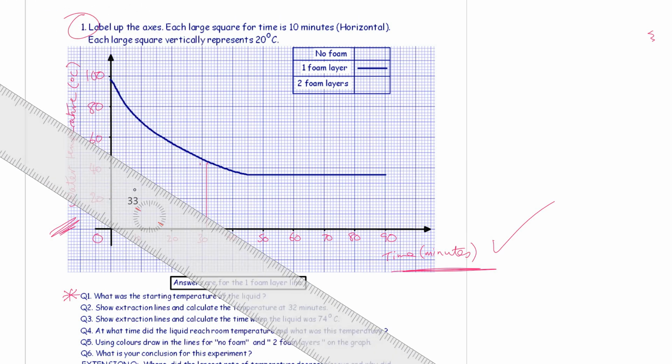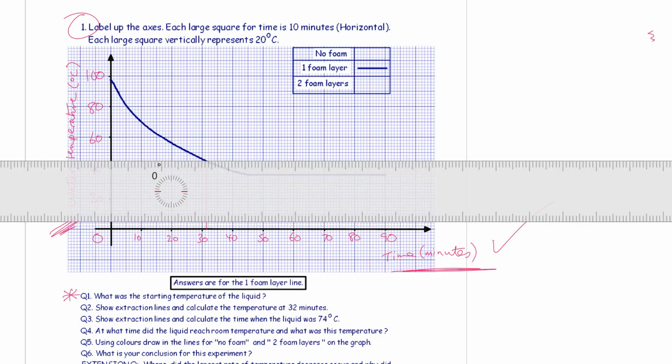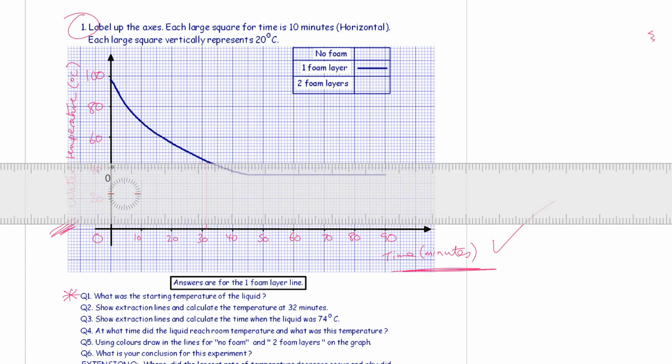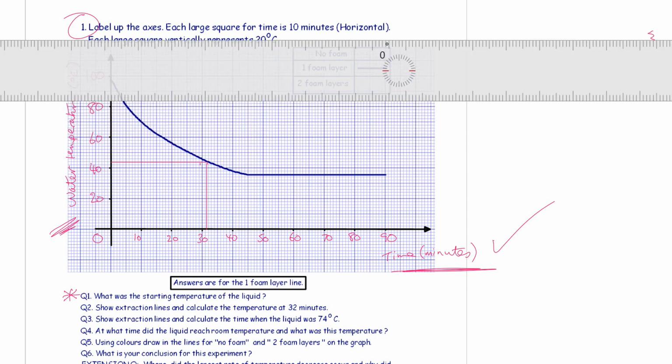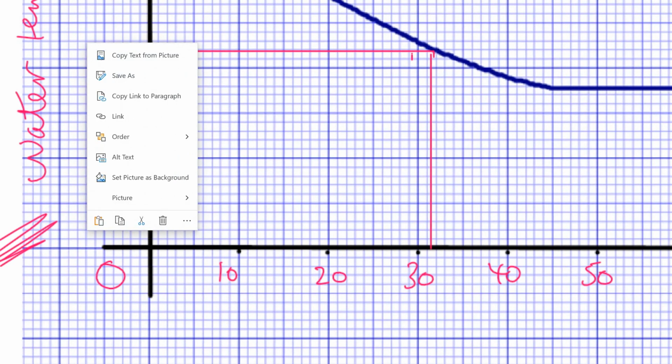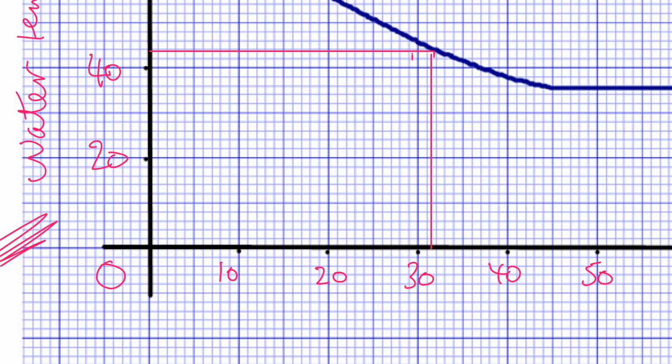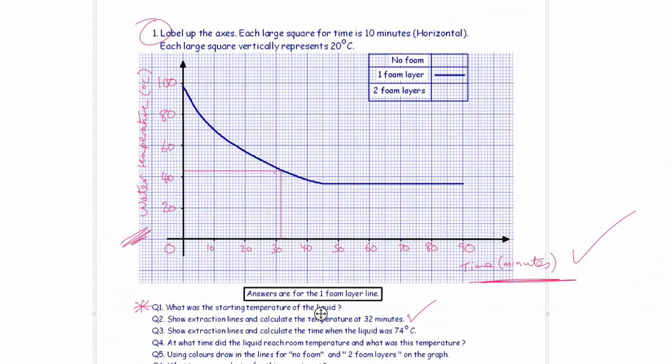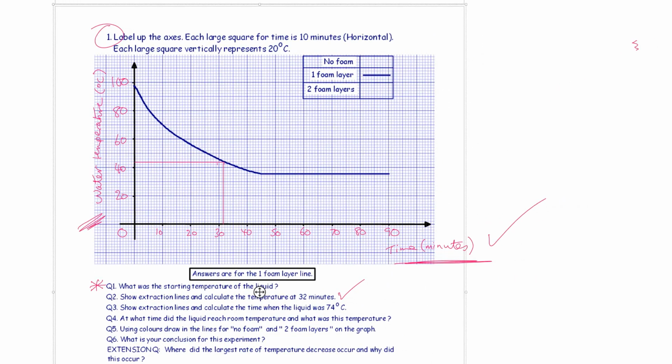And then you move it round like so, and you get this value here. With the extraction lines, the temperature at 32 minutes would have been 44 degrees C. So 44 degrees C was your answer to question 2.